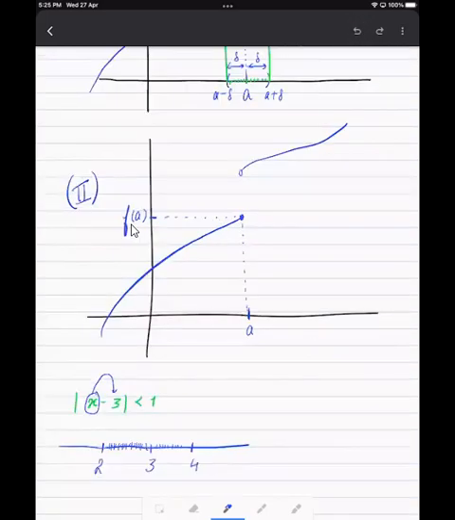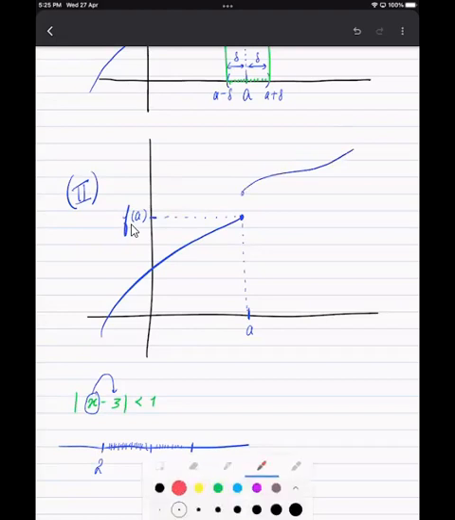Again, see here. I want to draw an epsilon neighborhood around f of x. So let me take the epsilon as this neighborhood. This is the epsilon I have taken.